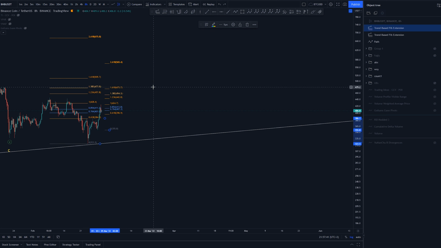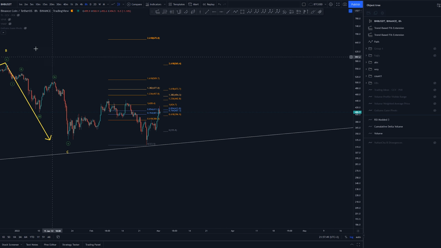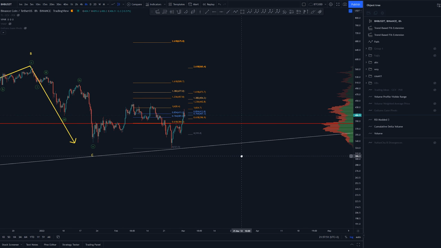So 1.618 comes down or up to here. We just barely hit the 1-to-1 where it has some resistance. We got some volume, almost POC value here of volume, which is why it's reacting this way.